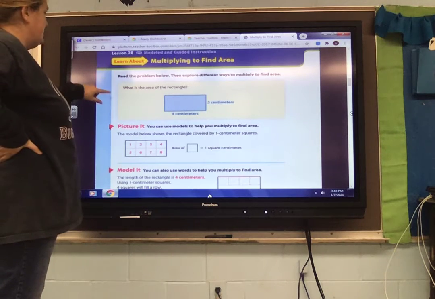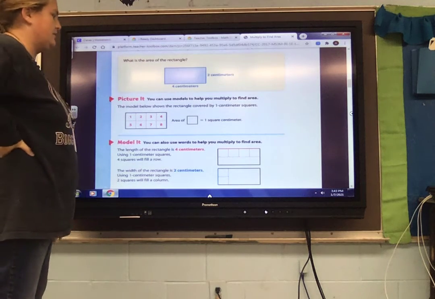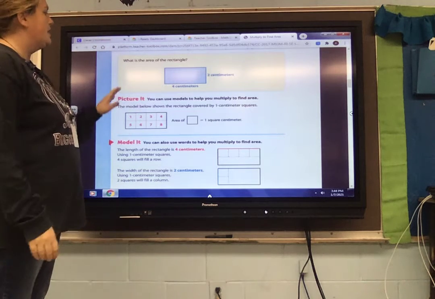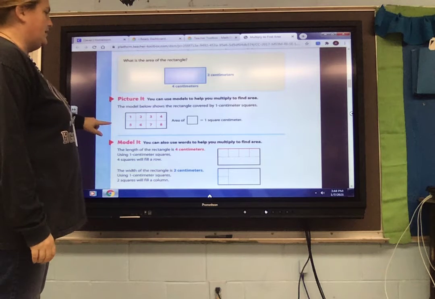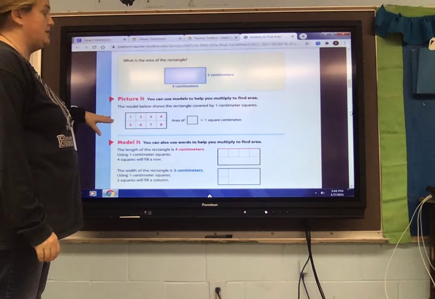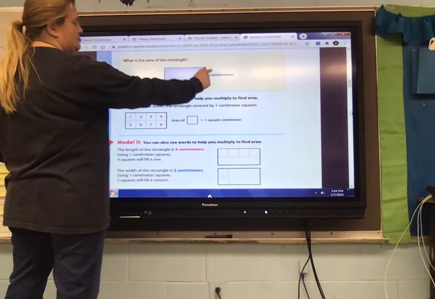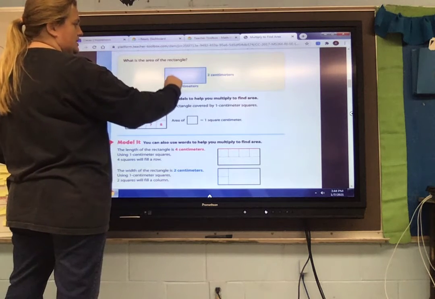All right, we have a rectangle. Our rectangle, notice, does not have squares this time, so we're going to be using our length times width. You can use models to help you multiply to find area. The model below shows the rectangle covered by 1 square centimeter squares. So what they did here is they took this measurement and they saw that we needed 2 rows and 4 columns.